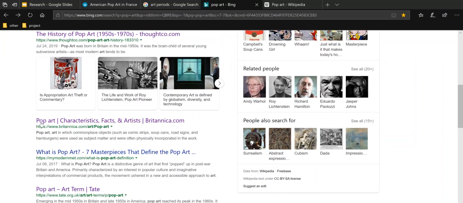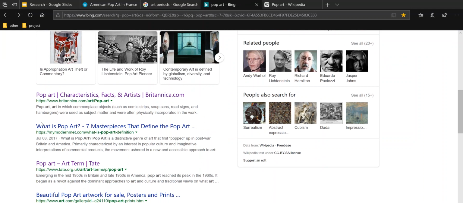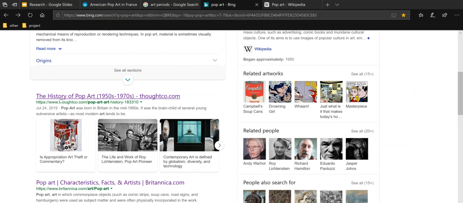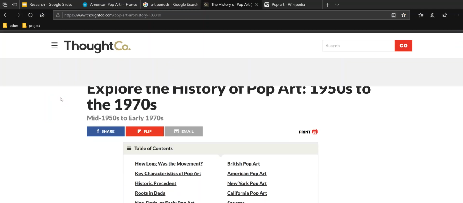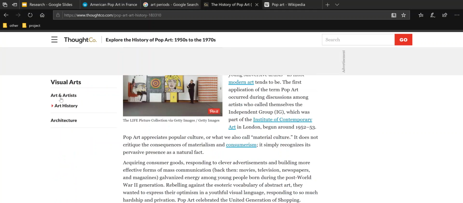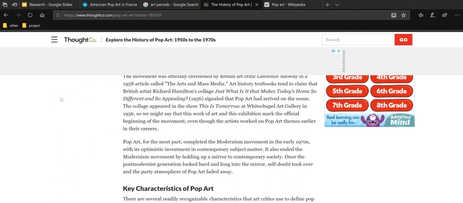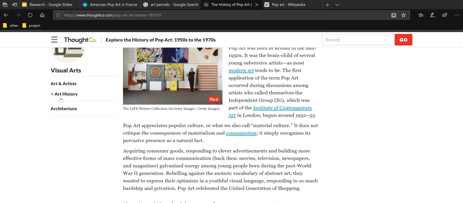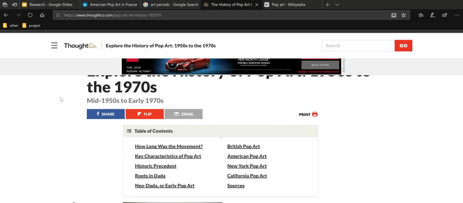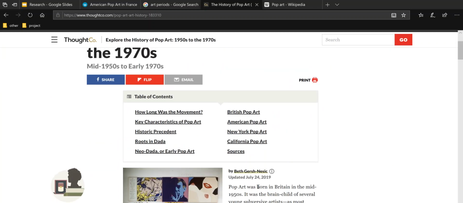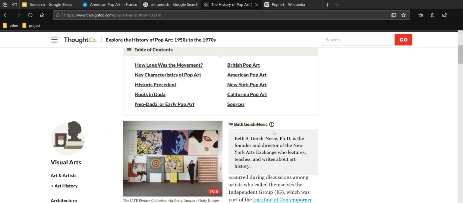There's also things like the history of pop art dot co. You'll notice that both of these are .com sites, so they're a little more trustworthy. In this one, remember, we might want to consider the author, and when we look at this person, Beth Gershnesik, is the founder and director of the New York Art Exchange.